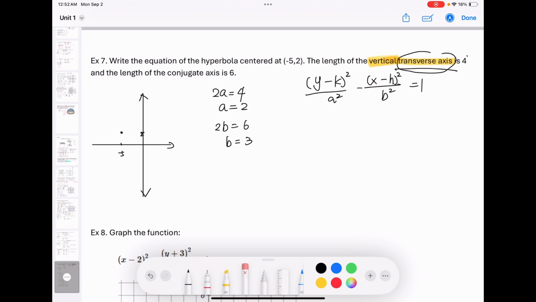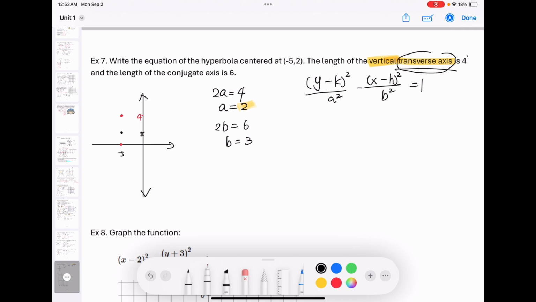So based on the center, let's go up. How many units? Okay, 2 units. And down 2 units, we can find our vertices. So go up 2 units. So this is 4. Okay, this is my vertex. And then from the center, go down 2 units. This is my other vertex.